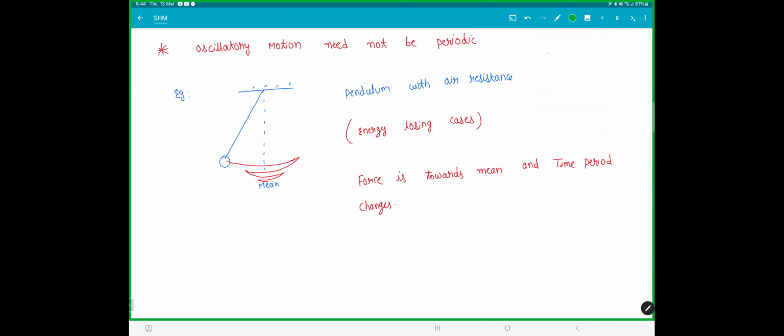But be careful here. If they ask you in CET, oscillatory motions are periodic. Getting it? They don't care about all that.